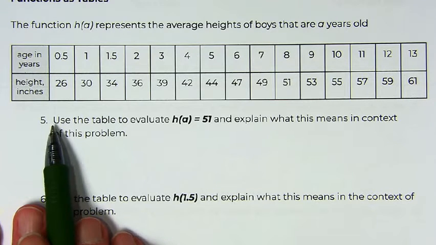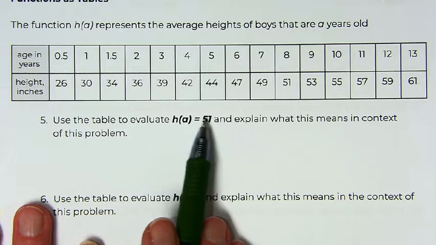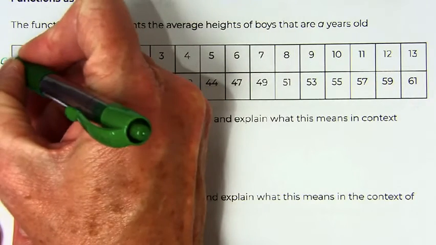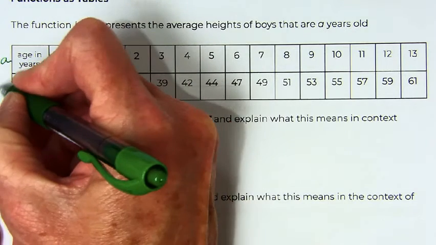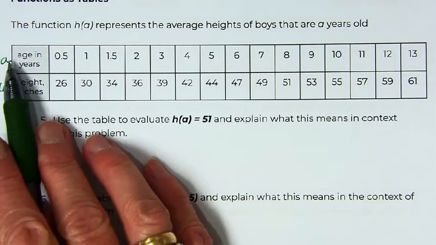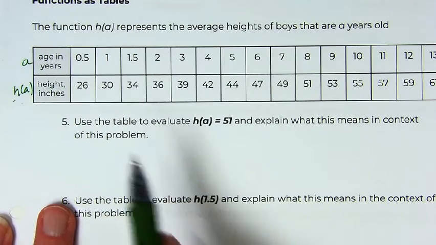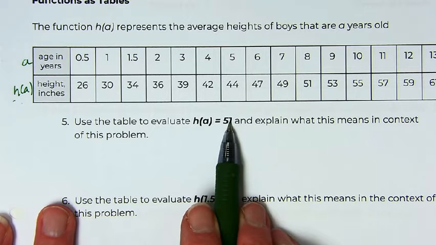So this first one says, use the table to evaluate h evaluated at a is equal to 51 and explain what this means in context. Well, remember, this number is your input. Your y, or your output, is the height. So age is your input, height is your output. And this is saying your output is 51 inches.